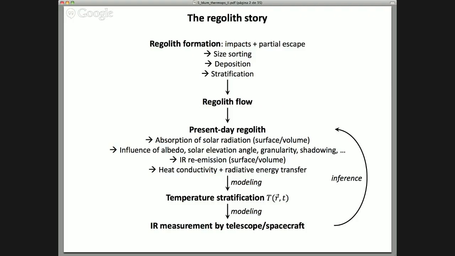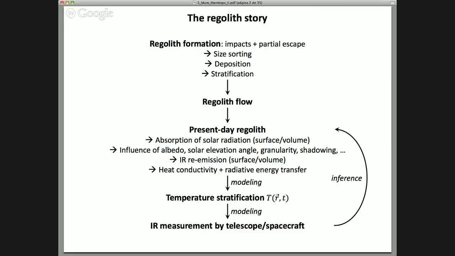And then the volume or the surface of the regolith re-emits infrared radiation, and all is determined by the heat conductivity and radiative energy transfer into the interior and out again. And this is modeled. We end up with a temperature stratification, as we've just seen, and then the model ends up at an infrared flux at different wavelengths, and we infer the regolith from that.